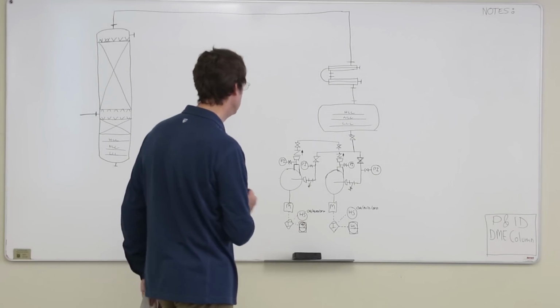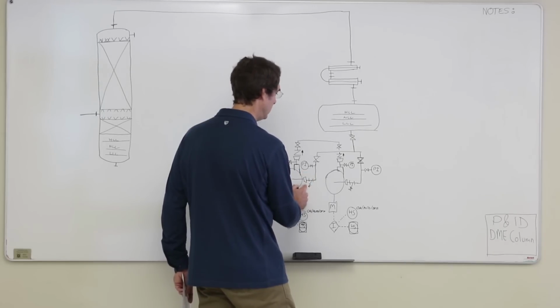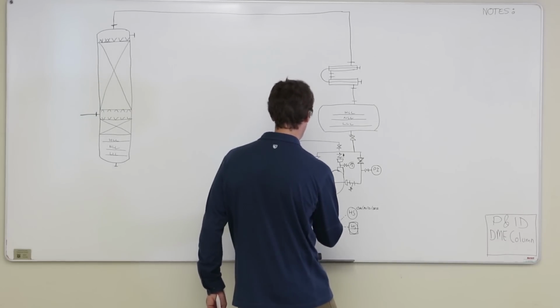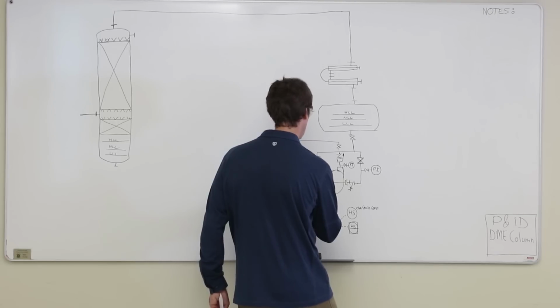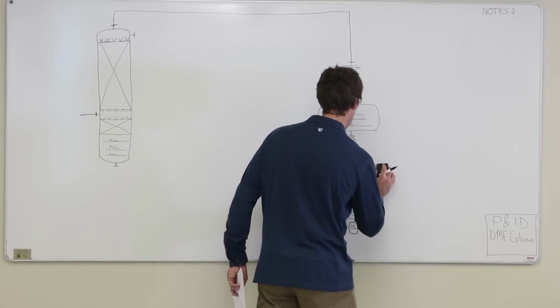And now that I think about it, I'd actually prefer to put the inlet PI downstream of the strainer. So I'm going to do that right now. Just because if the strainer starts to plug a little bit, we can check.